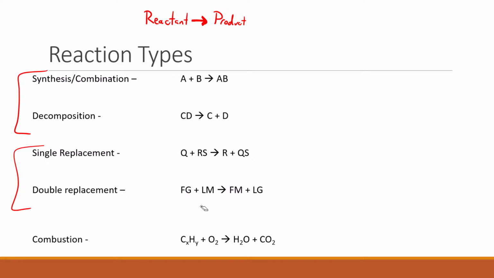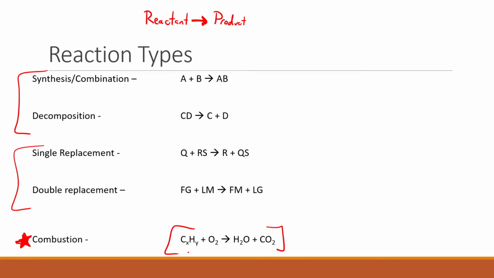Now our last type of reaction, our combustion reaction, is a little bit on the special side, because these are actually compounds and elements, right? I didn't just write random letters. For combustion, it's a very, very specific type of reaction.